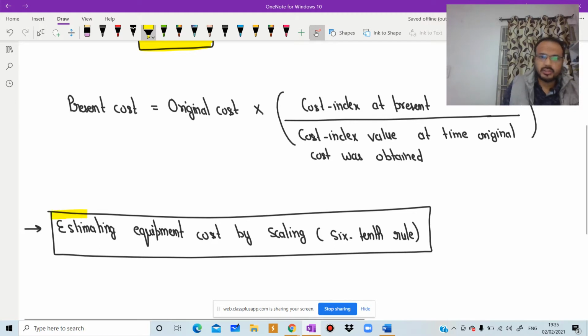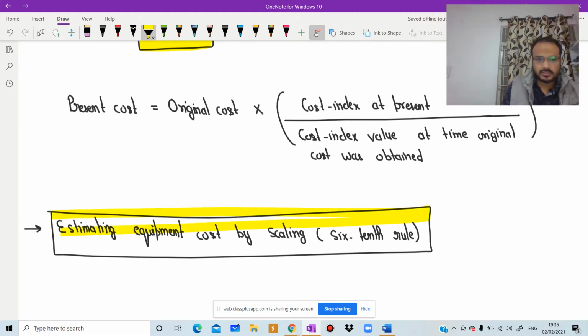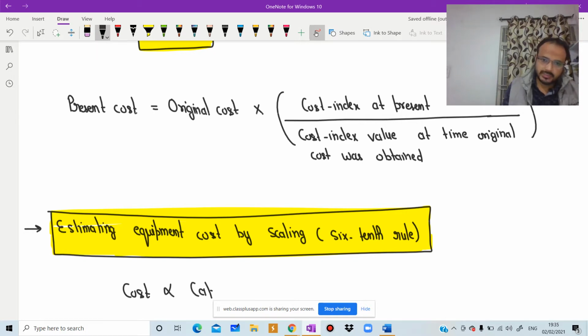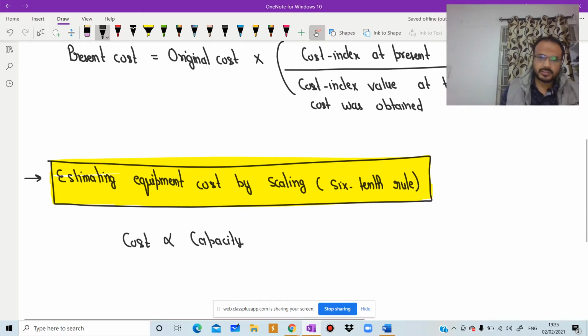Cost is directly proportional to capacity to the power 0.6.